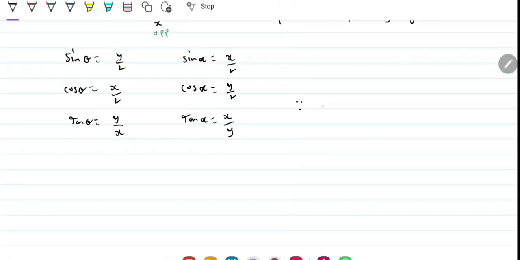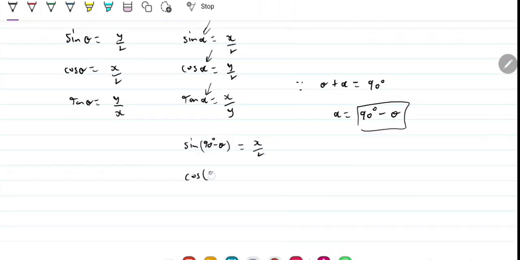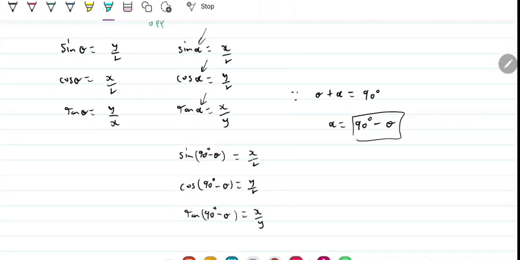Since theta plus alpha is equal to 90 degrees, it means that alpha is equal to 90 degrees minus theta, right? So I'm just going to replace the alpha inside of these arguments with 90 minus theta. X over r was what?